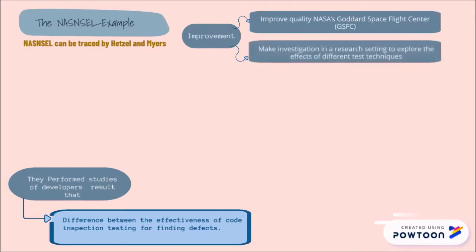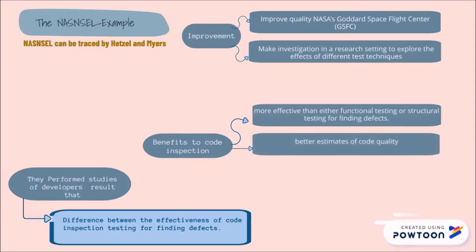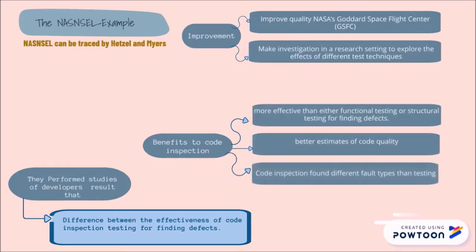They made an investigation in a research setting to explore the effects of different techniques. It benefits code inspection. It is more effective than either functional testing or structural testing for finding defects. It is better at estimating code quality. Code inspection found different fault types than testing.